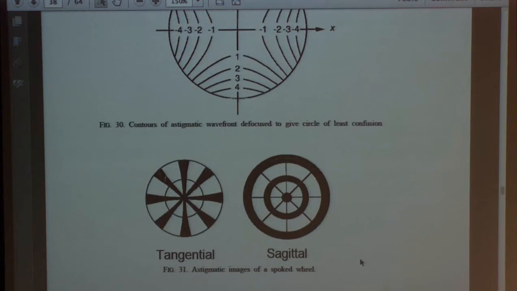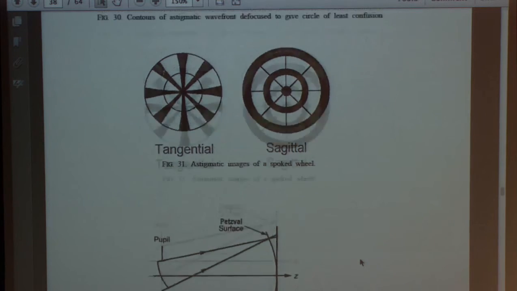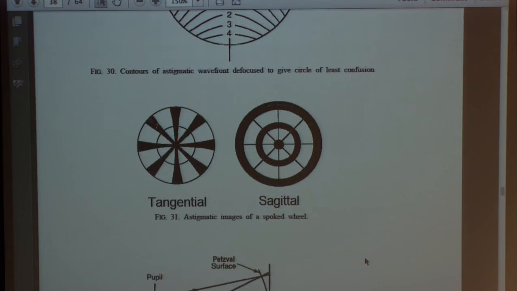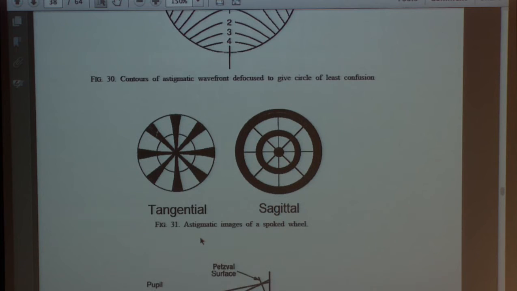And so it's nice to look at images of a wheel, spoked wheel. And so if I think here in the tangential image here, I'm going to have along this plane here, things will be in focus, but perpendicular to that plane, off axis, you know, say I have a point off up here.